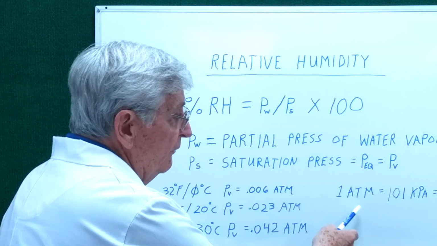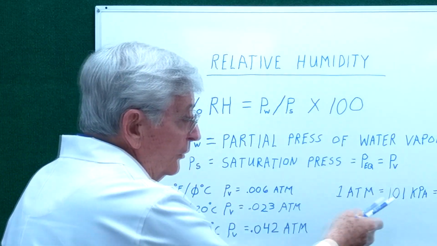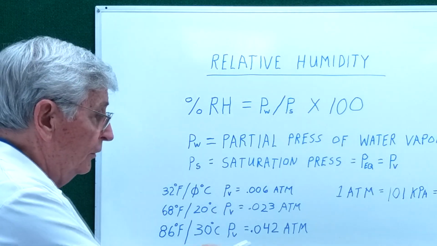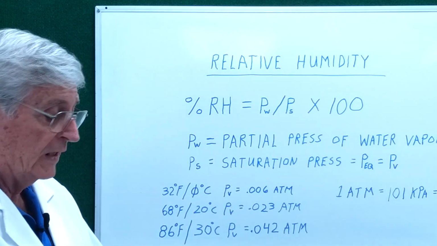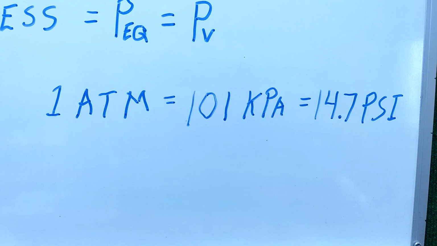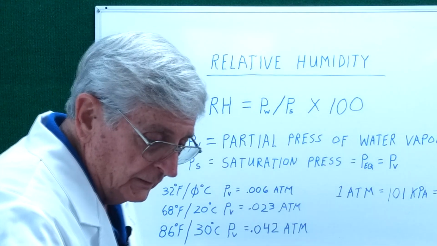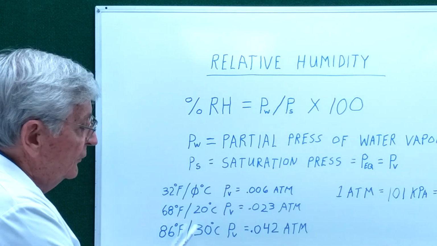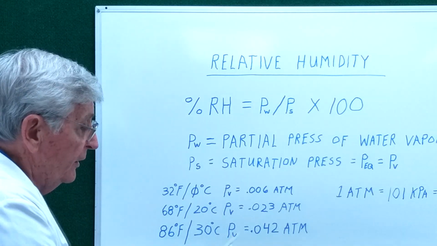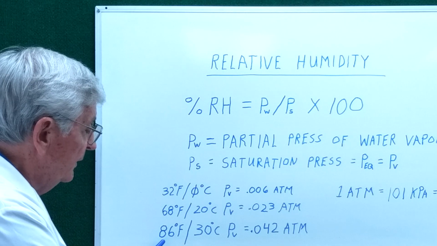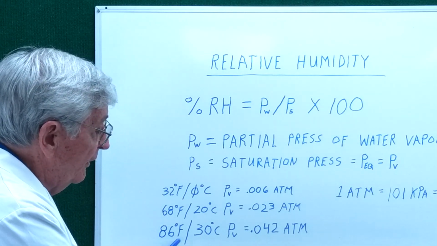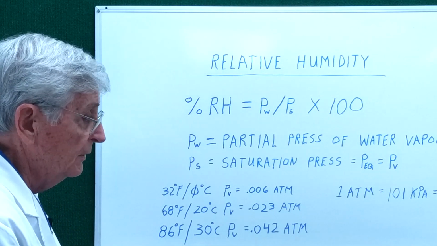And also I've added here some conversion factors if you're not familiar with a standard atmosphere. And I've also changed this last entry here to be at 86 degrees Fahrenheit or 30 degrees C.